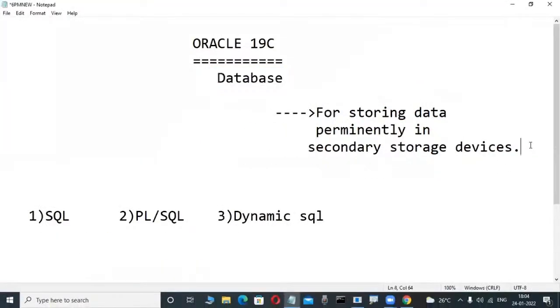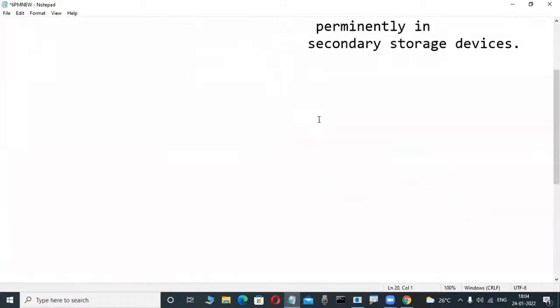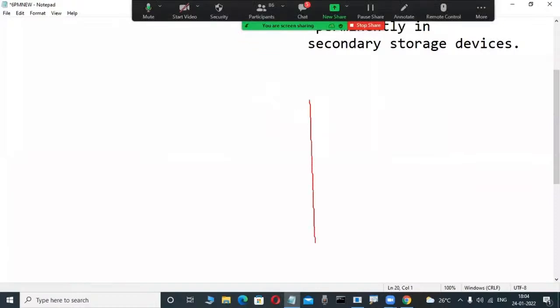But unfortunately, what I was telling in previous classes, observe slowly here: a database is a place. Whenever we install Oracle, SQL Server, or DB2 in our system, automatically one place is created. That is called a database.